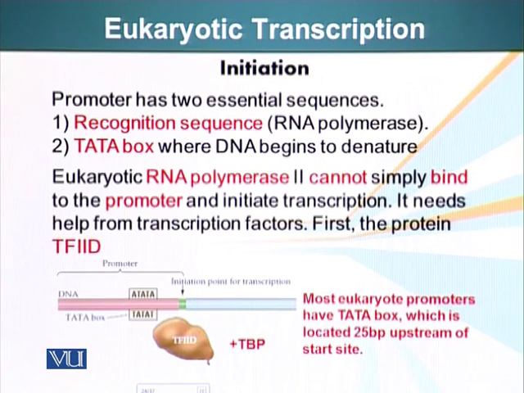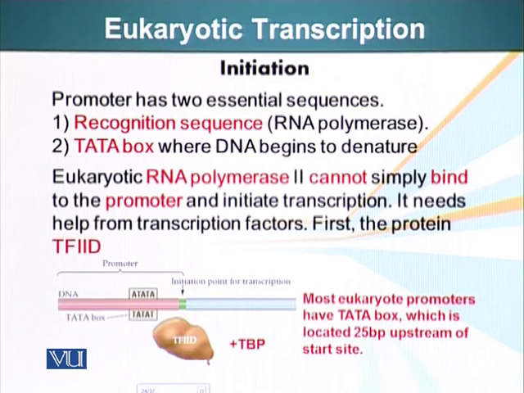One of the first transcription factors that arrives at the location is TFIID, transcription factor 2D. Here I would like to mention that RNA polymerase II is the RNA polymerase responsible for transcription of structural genes.